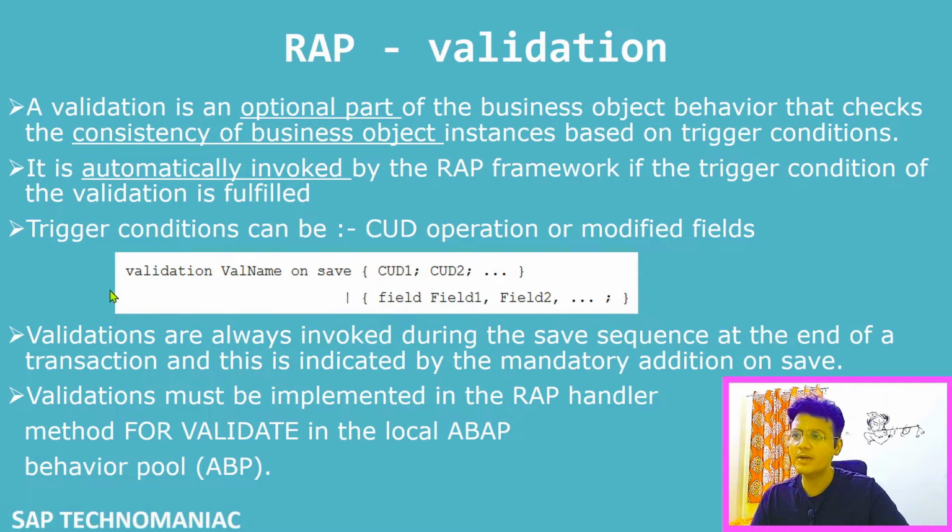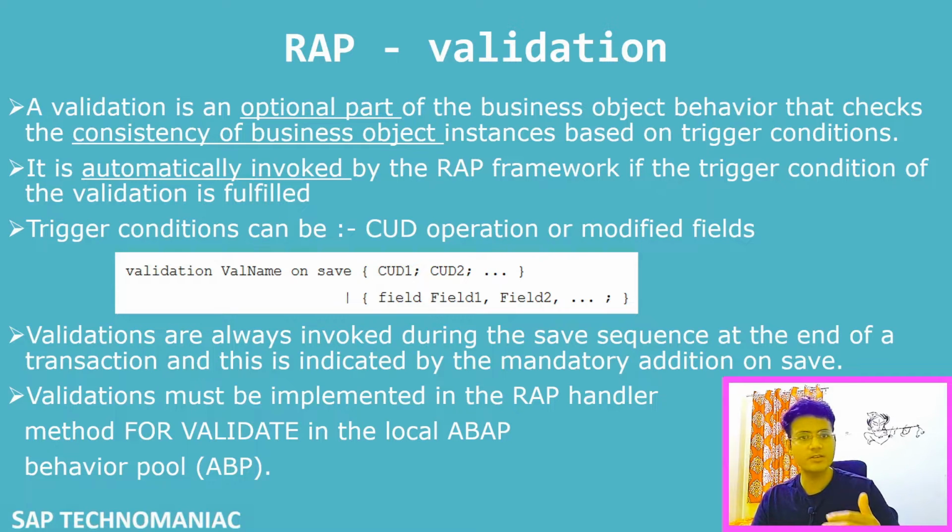So basically we have to give the validation keyword, then the validation name. Basically this will be the method name, on save, or we can say the validation name. It will differ for each validation, and all the validations will be triggered during the save sequence.